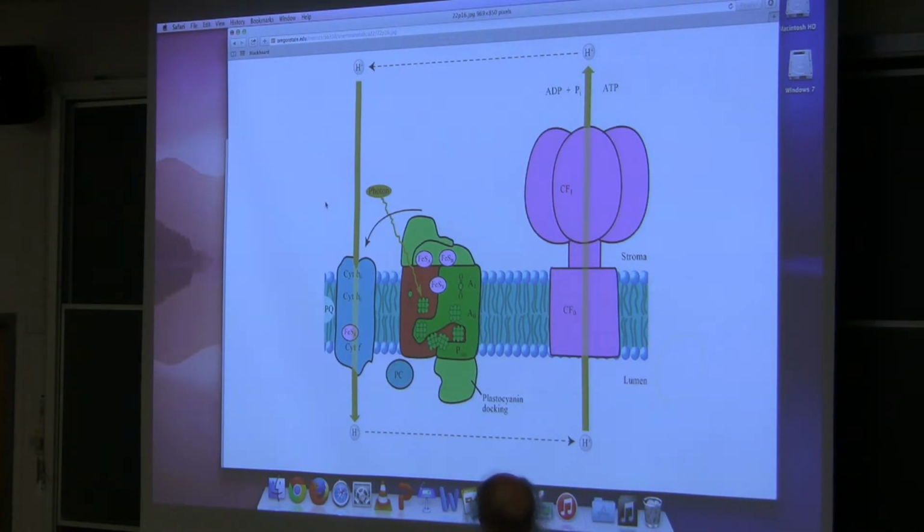And we see excitement of electrons by a photon. And we see the short-circuiting of the electrons that are passing through Photosystem I, passing back through some other cytochromes that are found in the membrane. And the result of this is that pumping of protons occurs. So this process is kind of like running that other process backwards and short-circuiting it.